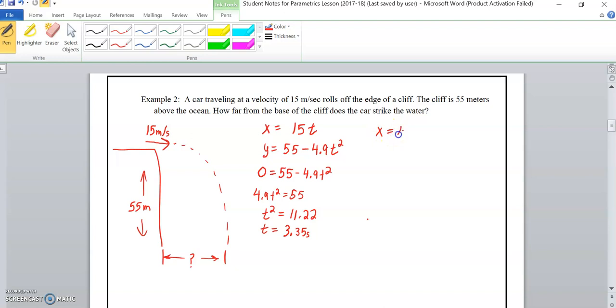So x is 15 times t. So if we plugged in the 3.35 in the horizontal, we get 50.25 meters from the base of the cliff.